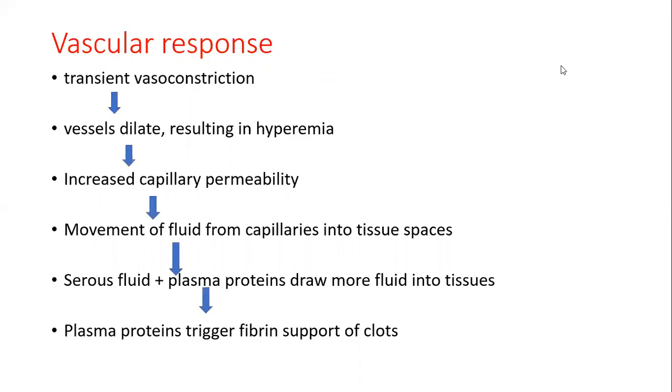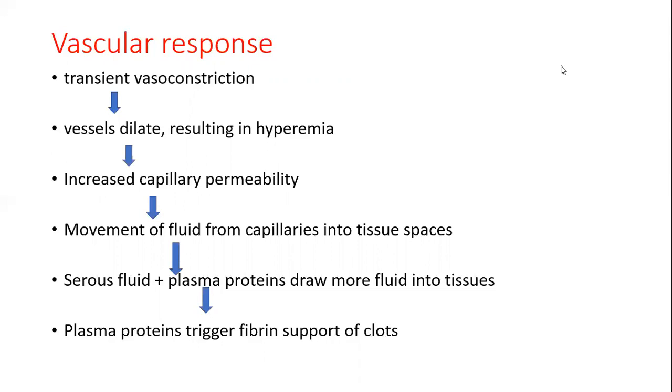So this is all kind of carried out by the endothelial cells on the capillary level, at the site of tissue injury. Then the vessels dilate, resulting in hyperemia, which is just a lot of red blood cells in the tissues. Then there's increased capillary permeability.